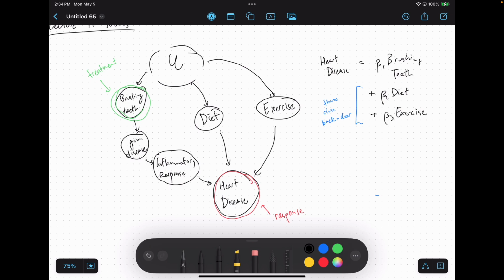There are so many unobservable effects that relate to other things that might affect your outcome, that it's highly unlikely that you'd be able to control for them and have the data to cut all the backdoor paths and get a nice clean thing like this equation. Okay.